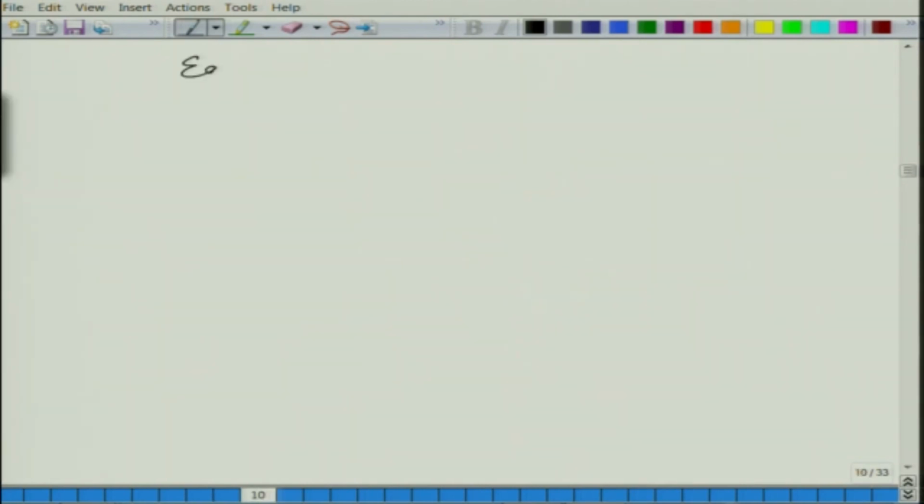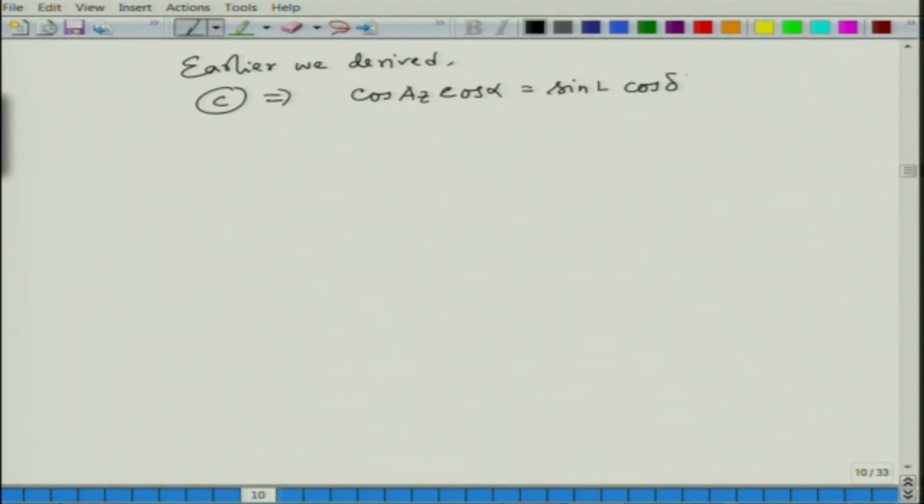Now, earlier we derived and named it to be C. So, the expression C gives us cos of solar azimuth angle into cos of altitude angle is equal to sine of latitude cos of declination cos of hour angle minus cos of latitude sine of declination angle.